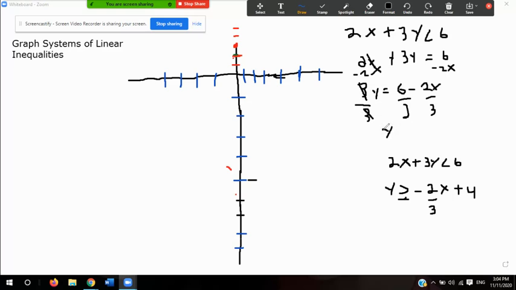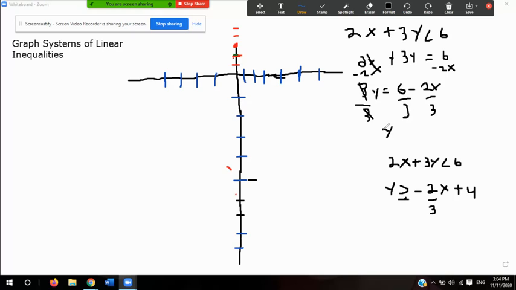Now remember, it's not equal to. It is less than or equal, or in this case it's actually less than.